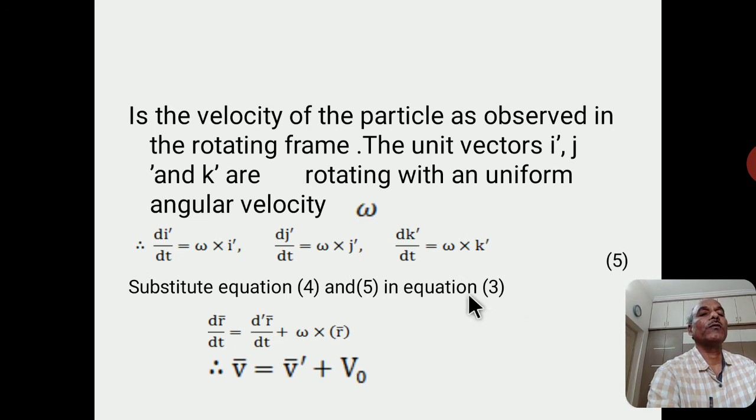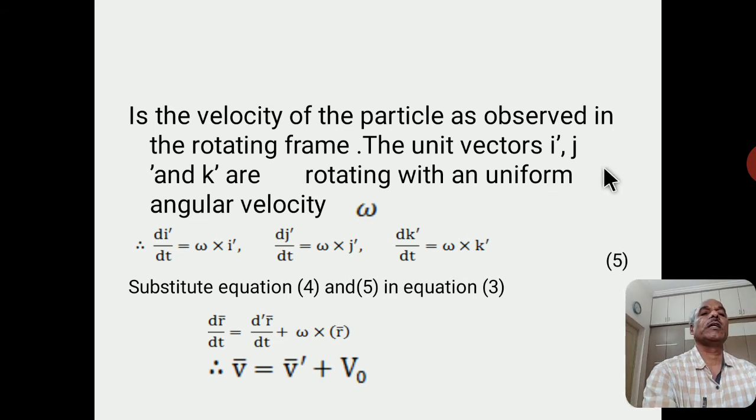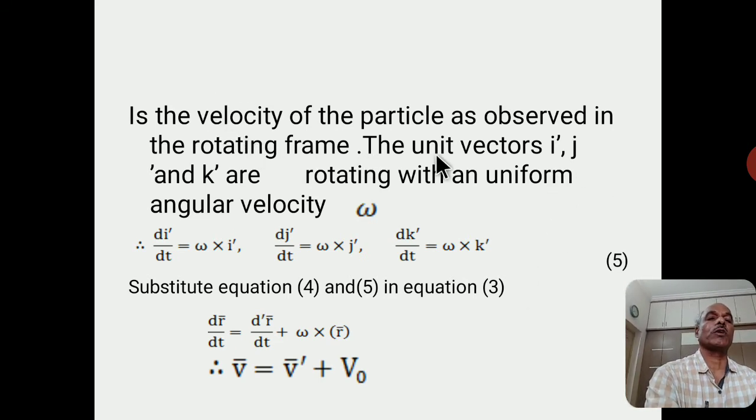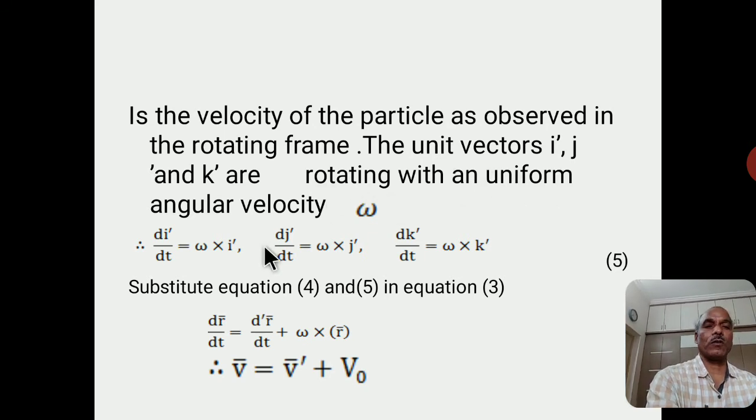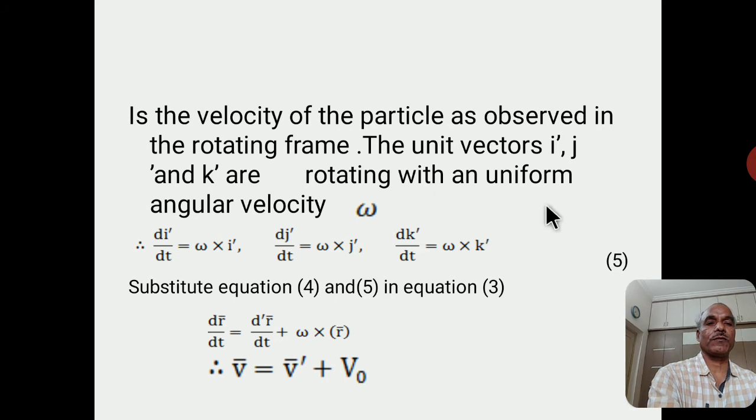The unit vectors i', j' and k' are also rotating with a uniform angular velocity ω. Therefore, the linear velocity of these three vectors is given in equation 5. Now substitute equations 4 and 5 in equation 3.